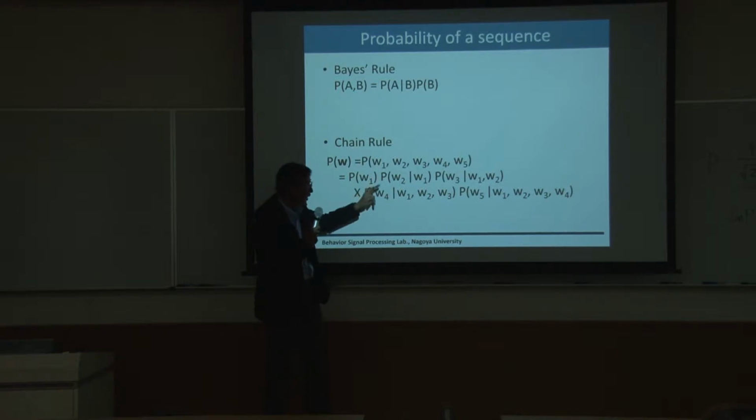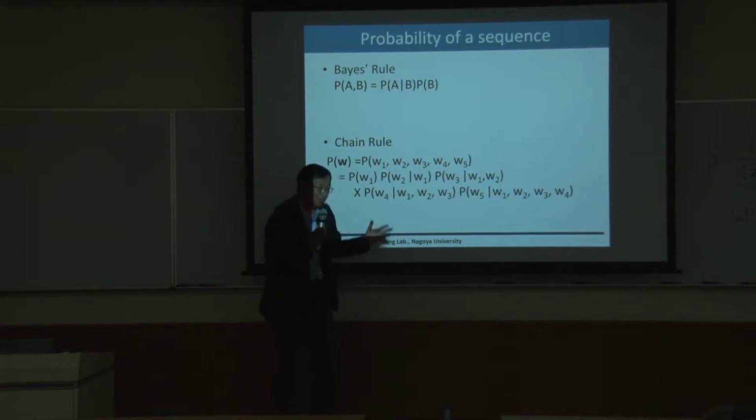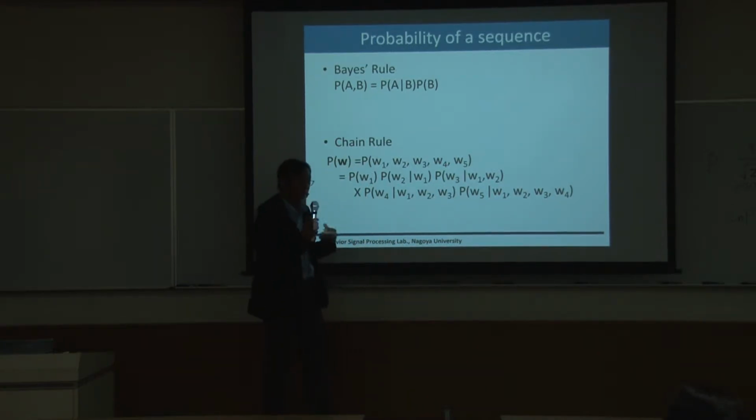And for I would like to go, the variation of the 5-word sequence is huge: 10,000 times 10,000 times 10,000 times 10,000 times 10,000. We cannot calculate the probability over such a huge space of random variables.